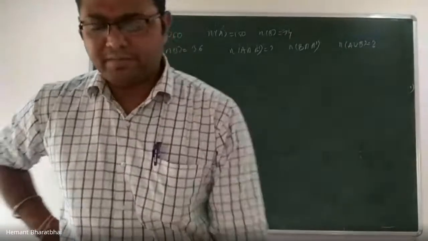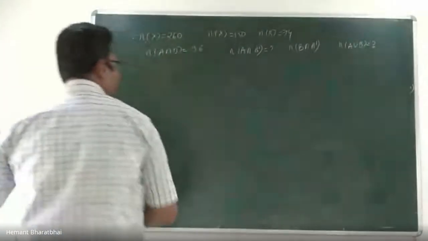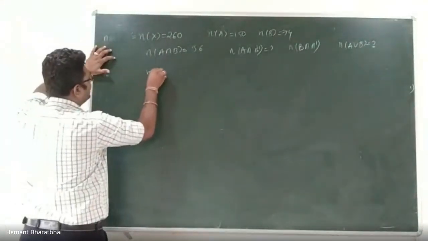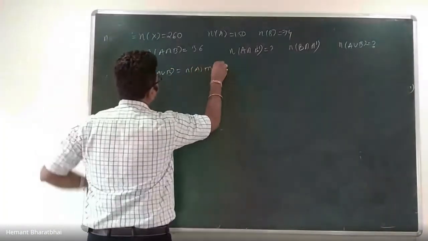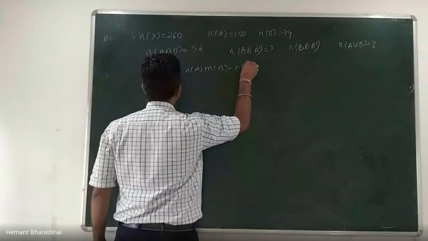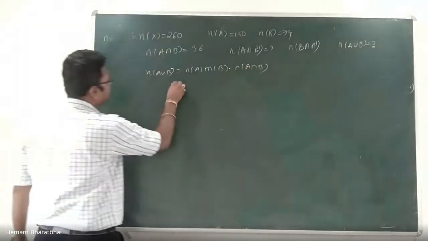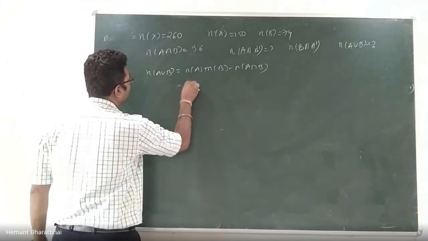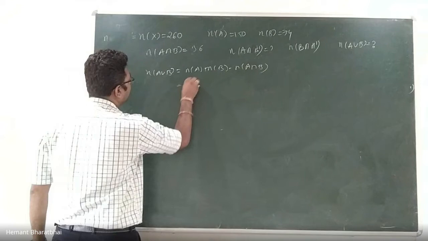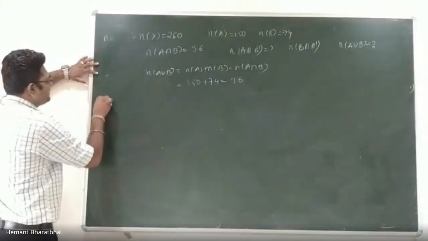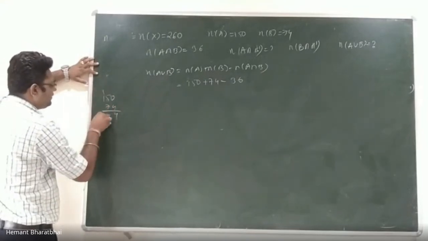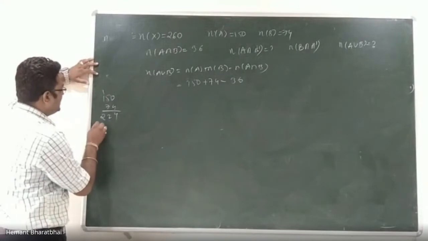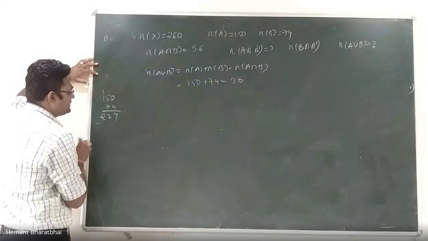Okay, so how can we find out? We have to find the number of elements in A union B, and directly we have the formula n of A plus n of B minus n of A intersection B. All the things are there. n of A is 150, n of B is 74, and this is 36. So I get 150 plus 74, that will be 224, minus 36.